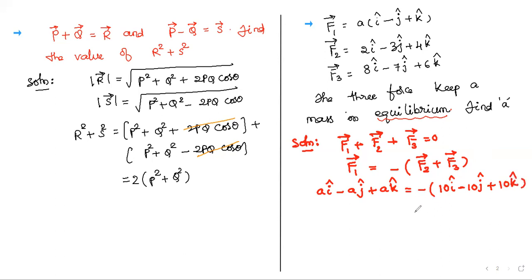After multiplying with the negative sign, you are getting minus 10 I cap, minus of minus, plus 10 J cap, and minus of plus, minus 10 K cap, is equal to A I cap, minus A J cap, plus A K cap, Nana.